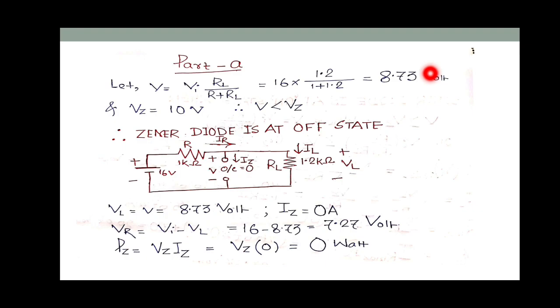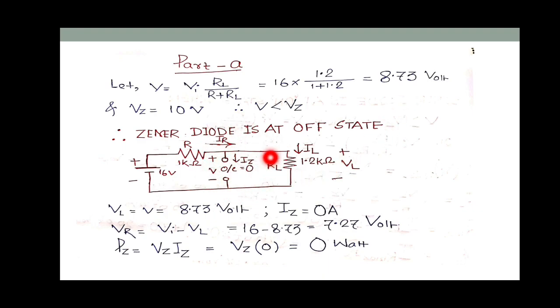Now, Vz is equal to 10 volt and V is less than Vz. So what happens? The Zener diode here is in the off state, as I discussed earlier.